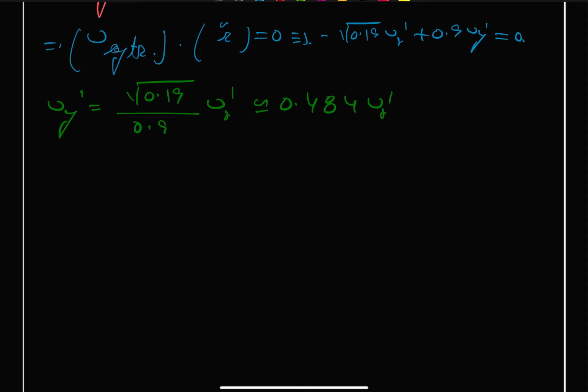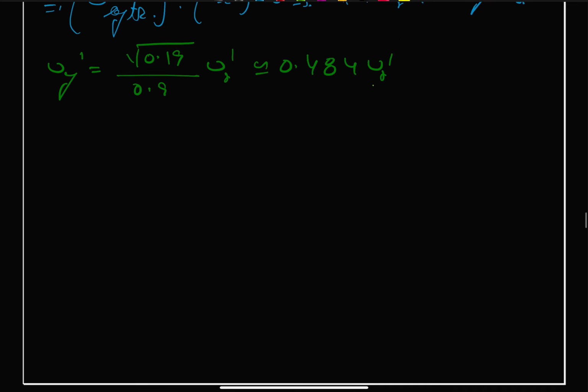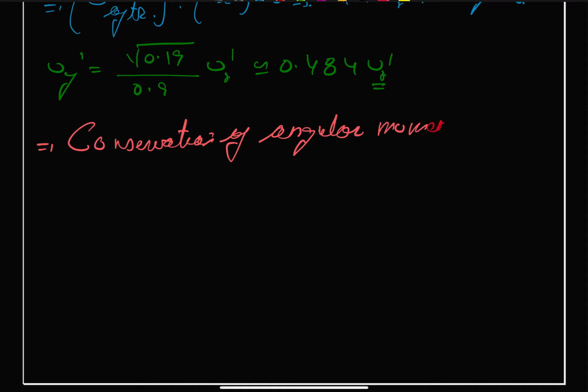Now we can use conservation of angular momentum about O to find out our horizontal component, that is our vx prime.